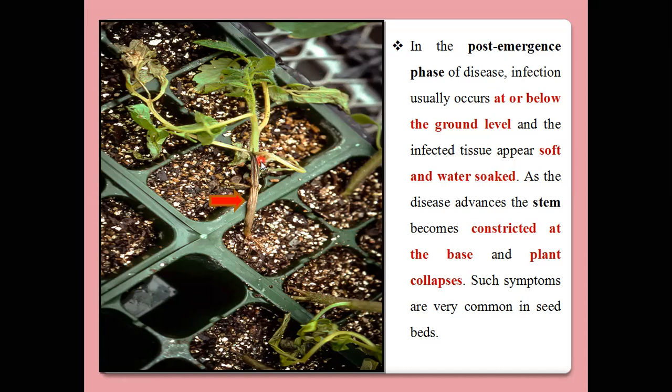In this way the whole plant collapses and rots. This symptom is known as post-emergence rot.